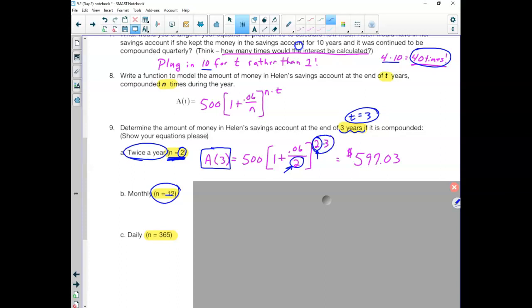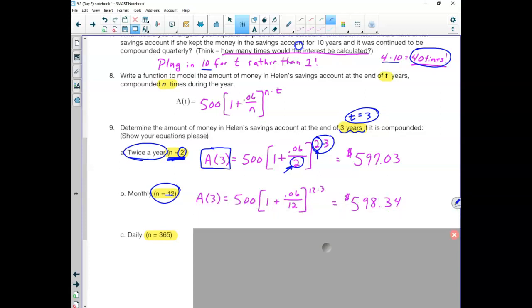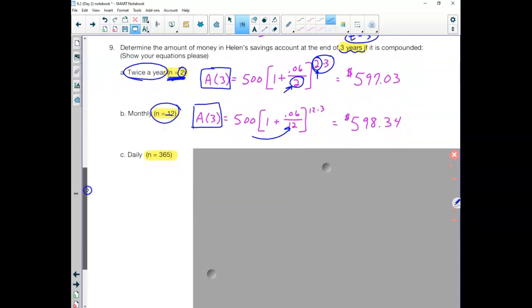This exponent multiplied together in the next problem is going to end up being 36, because that's how many times they're going to pay you interest. So my A of 3, my account balance in 3 years, if they pay me interest 12 times a year, I'm going to have $598.34. Not much more, but hey, it's more. Take it where you can get it, right?